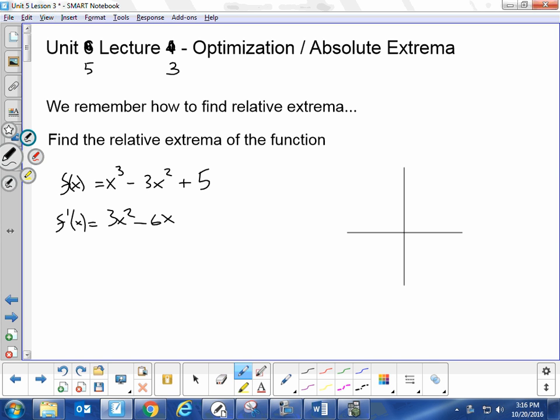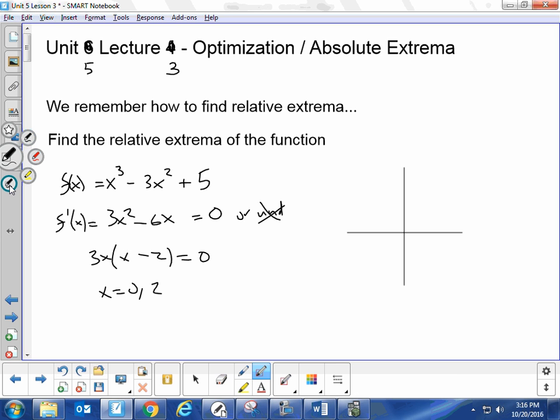To figure out when something's positive or negative, we start by setting it equal to 0, or we see when it's undefined. We don't have to worry about undefined in this situation. We factor to solve, we get 2 solutions for when our derivative is 0.